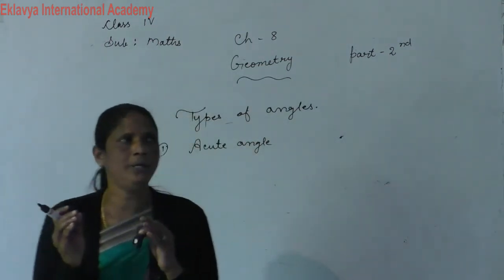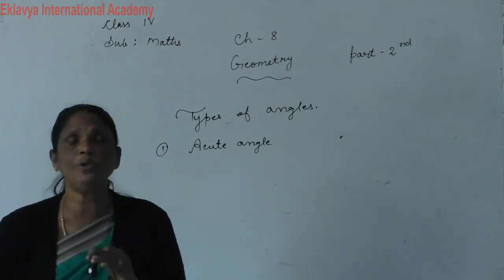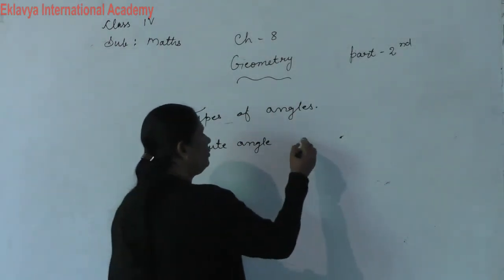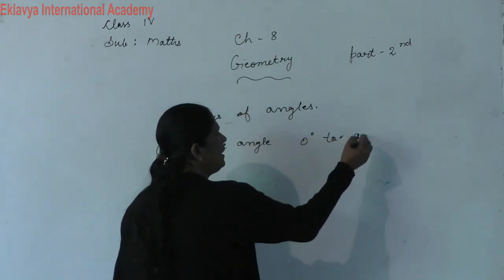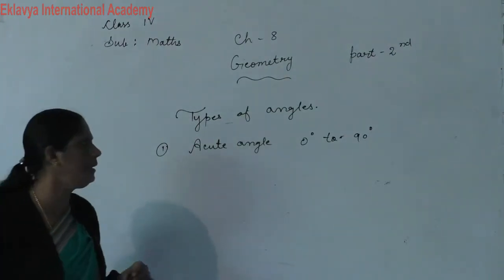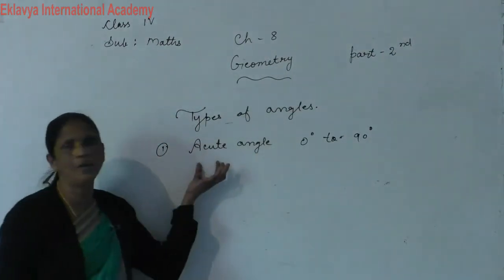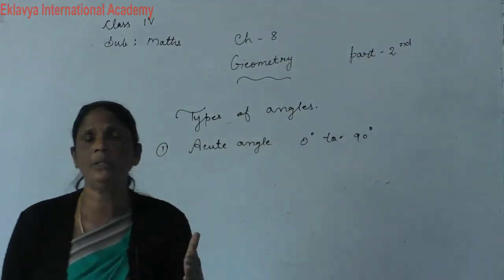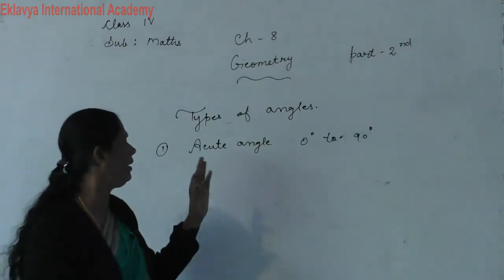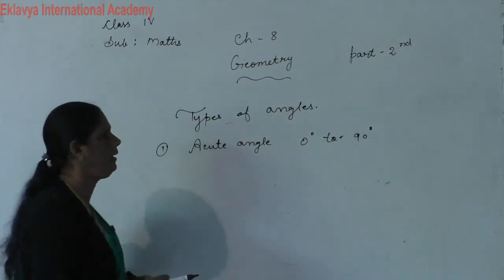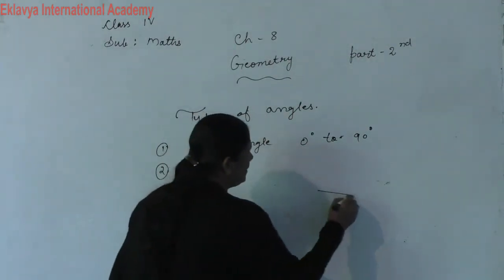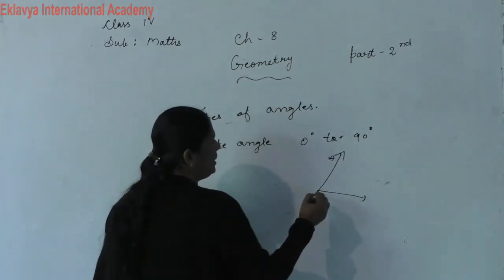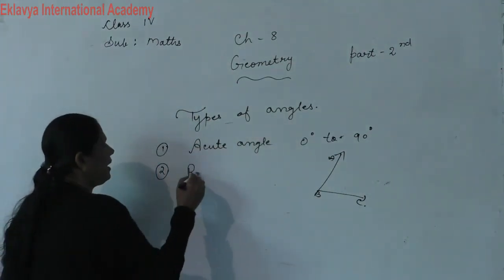An angle whose measure lies between 0 degrees to 90 degrees is called an acute angle. This is the acute angle ABC.